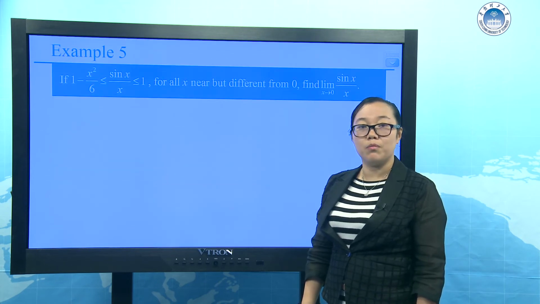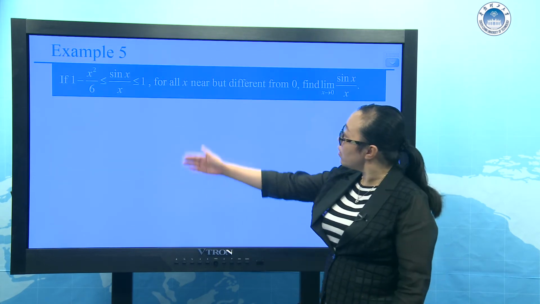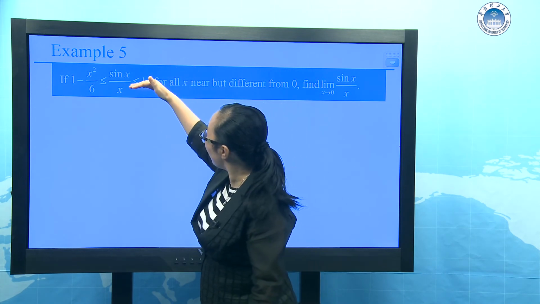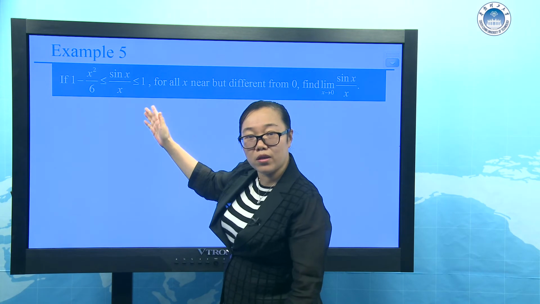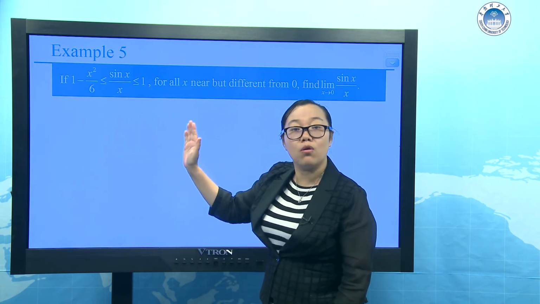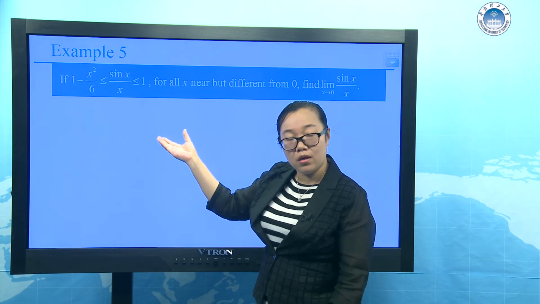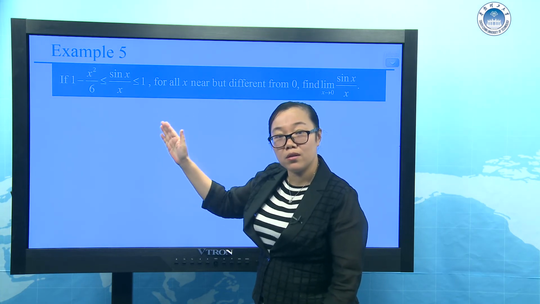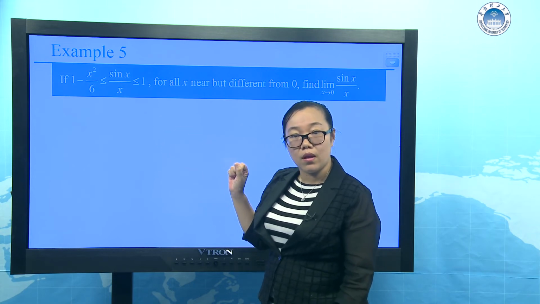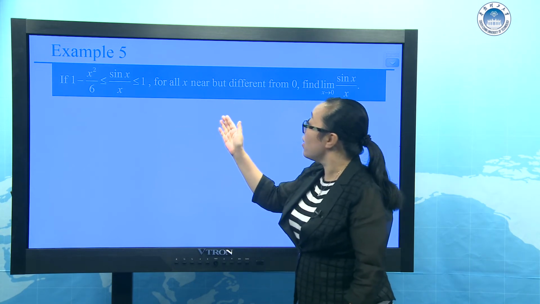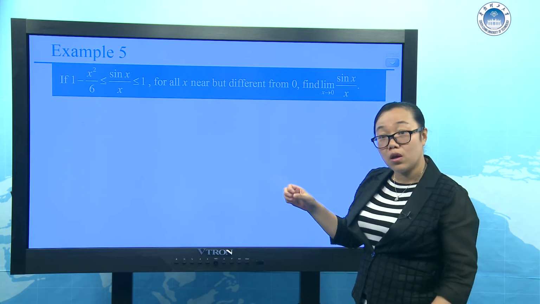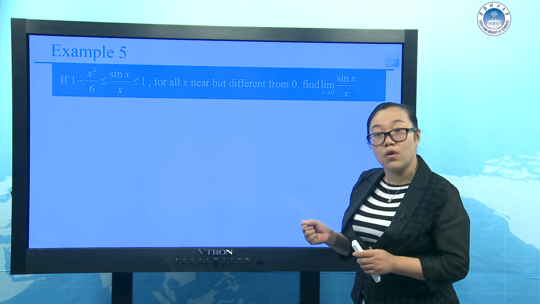Now look at example 5. If this expression is given, look at this: sin x over x is less than or equal to 1, and larger than or equal to 1 minus x squared over 6. It is like f less than or equal to g less than or equal to h, for all x near but different from 0, means near 0, close to 0, but different from 0.